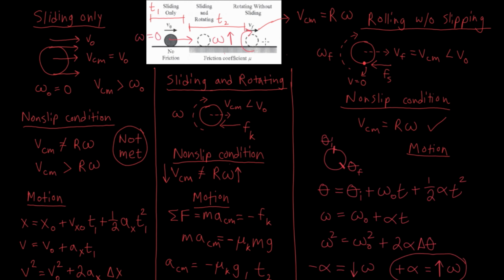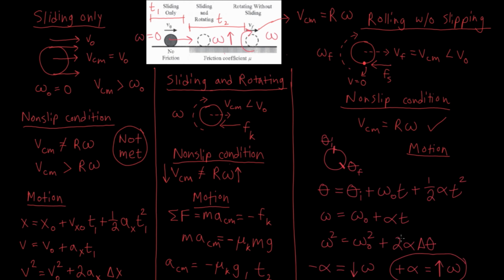Initially the angular speed was 0, as I drew on the diagram, but now the angular speed is some non-zero value, greater than 0. The force of kinetic friction created a torque to increase the angular speed from 0 to something greater than 0.